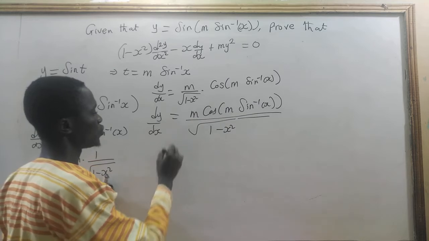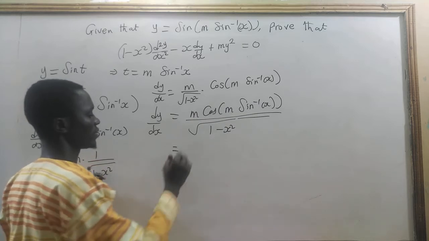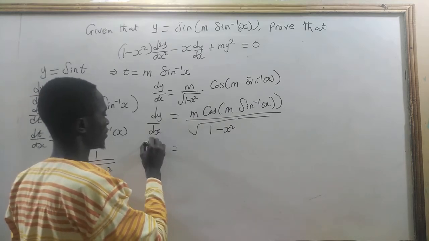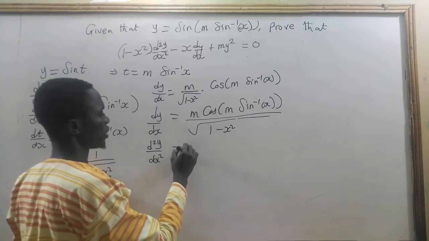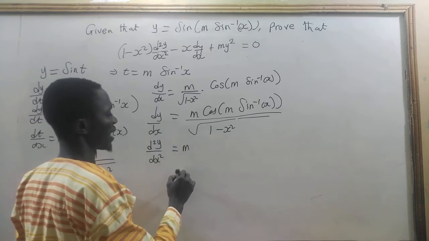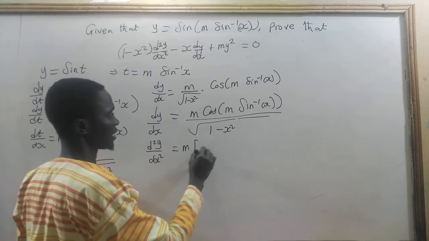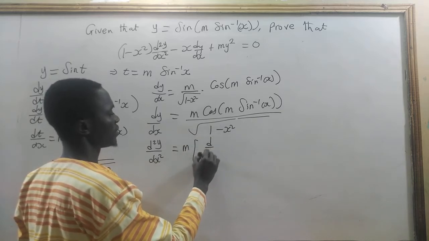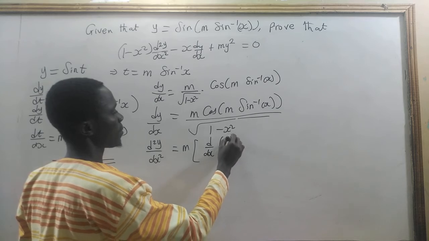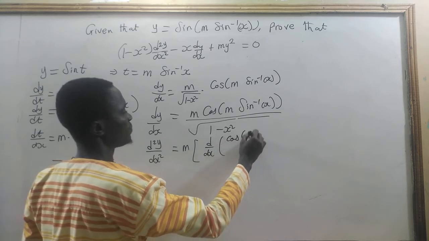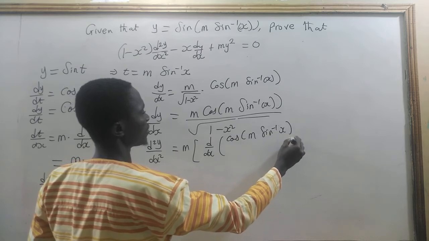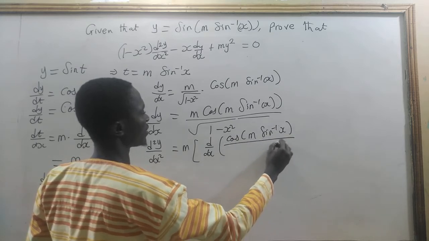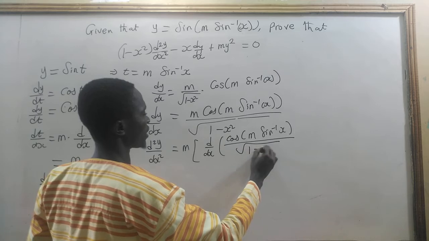So for the quotient rule, we are going to take the second derivative of y with respect to x squared equal to m times, m is a constant, so we have d on dx of cosine of m times the inverse sine of x, all divided by square root of 1 minus x squared.